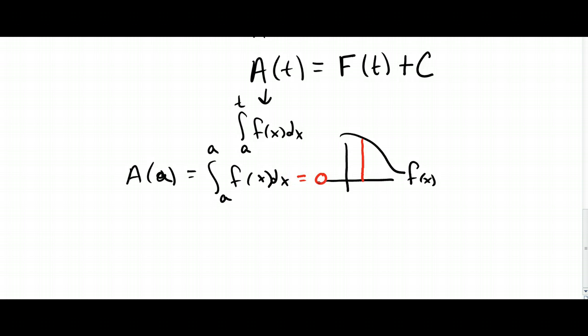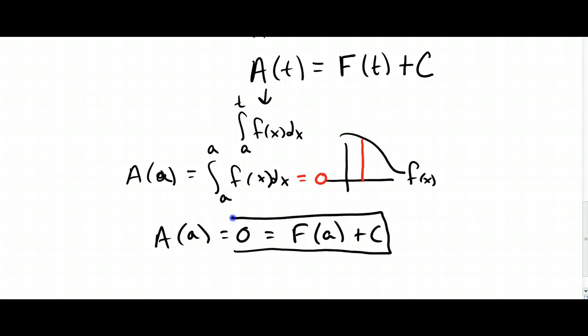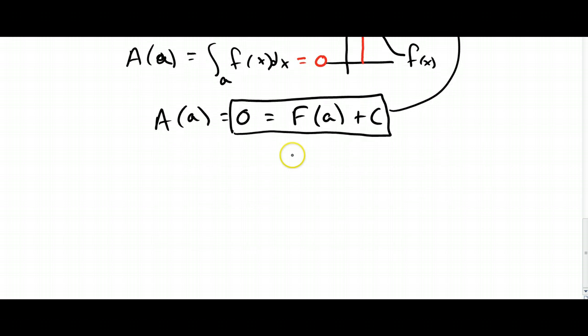So we can say that A of A is equal to 0, which means that capital F of A plus C is also equal to 0. We can say this part by that substitution because A of t is that formula. Well, that's awfully handy because with just a little rearranging, I know that capital C is equal to the opposite of F of A.